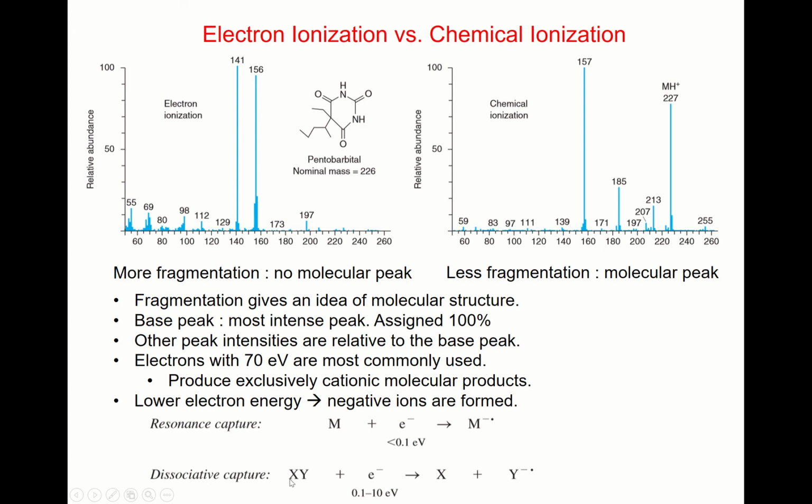Now this XY is one molecule, and it accepts an electron, and then this molecule is dissociated, and one fragment takes the negatively charged ion. But I don't think this is a good way.